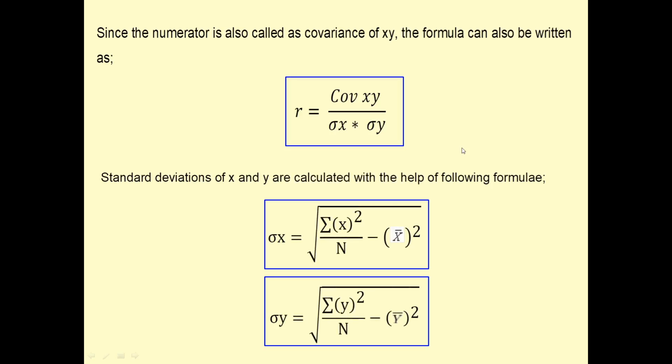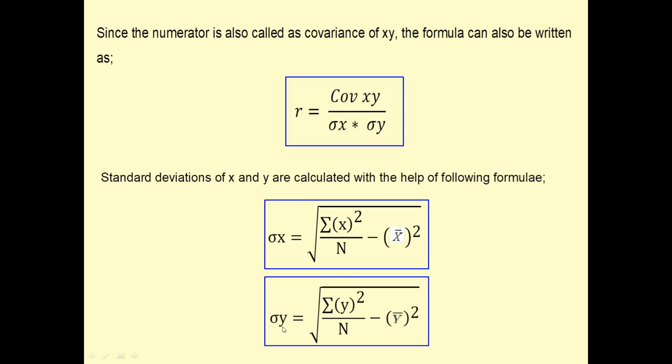Therefore, it is first necessary to calculate the standard deviations of x and y, and that we can calculate with the help of the following formulae. Standard deviation of x is equal to under root of summation of x square divided by n minus x bar bracket square.